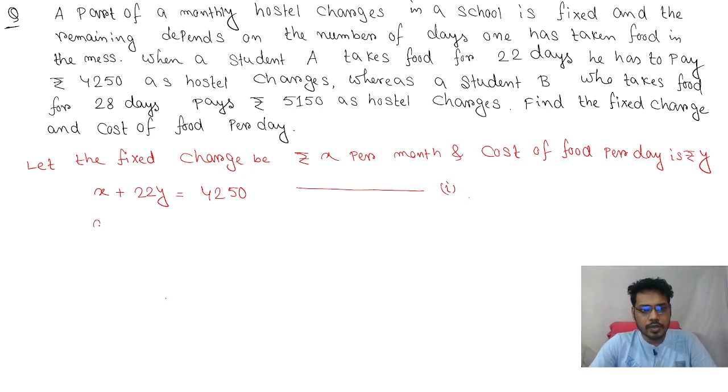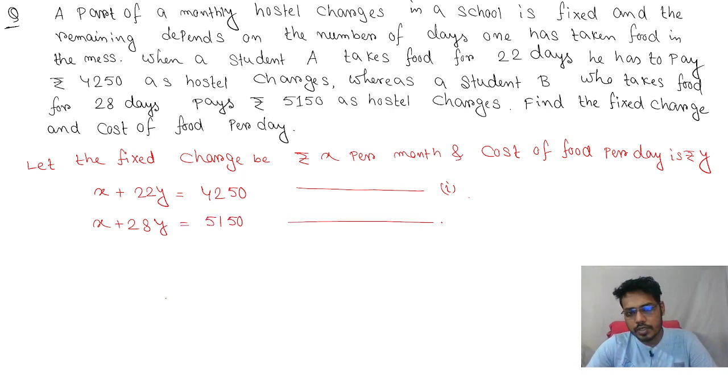Now in equation number 2, X plus, for 28 days, 28Y will be equal to 5,150, and that is equation number 2.